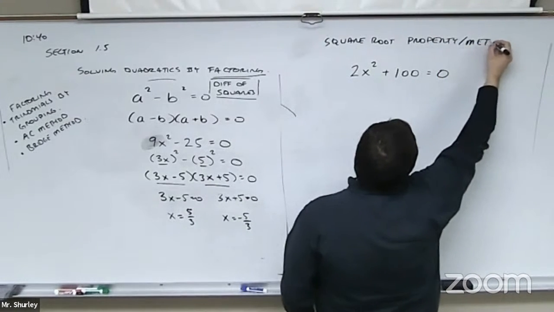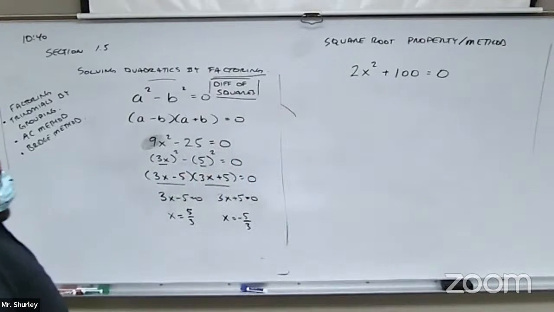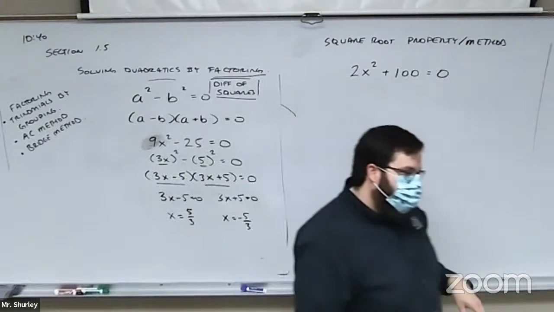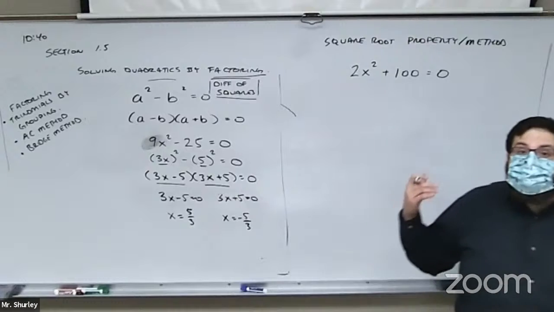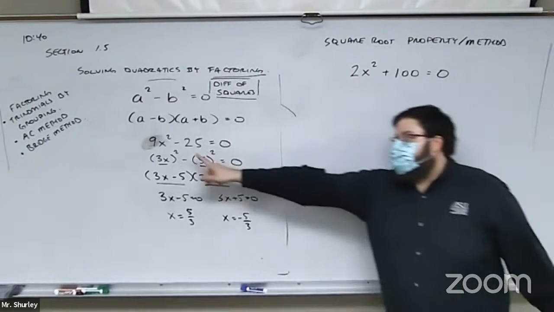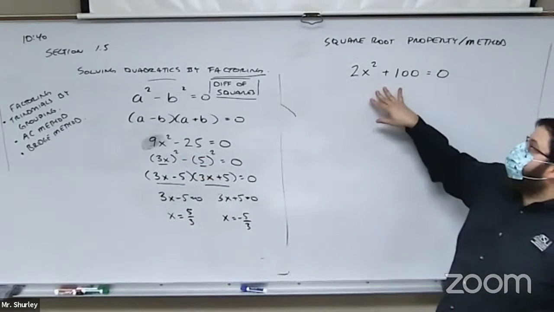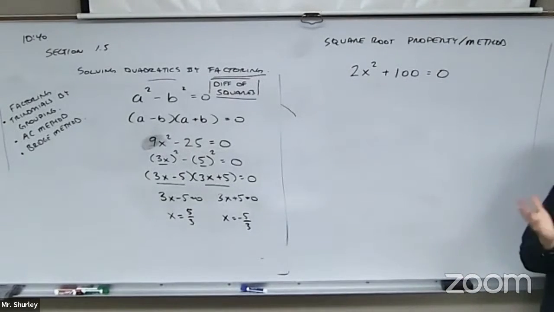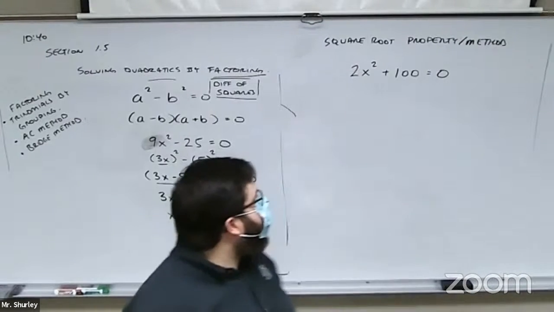And notice there's no x up there, right? We've got the x squared and we have the constant. And when we have an x squared and we have a constant, which kind of like this one actually, this would be easy to use as well. But if we've got x squared and a constant, we can use the square root property, and it's a lot easier than the quadratic formula, which we'll get to here in a minute.